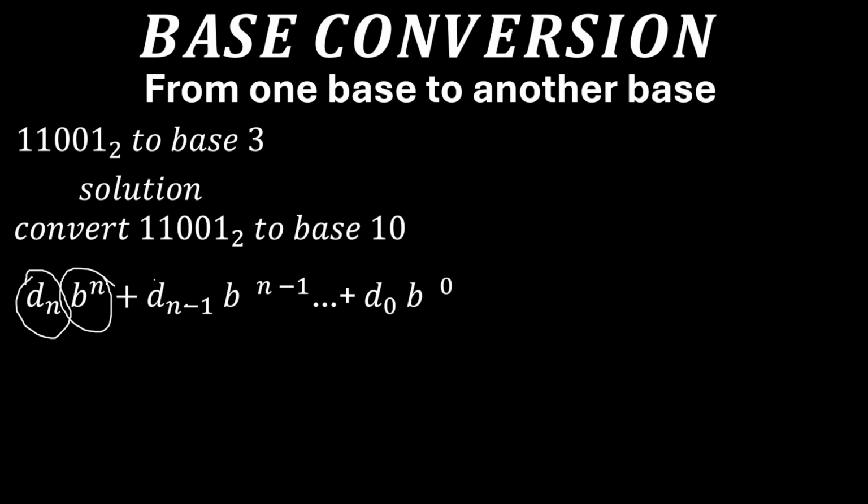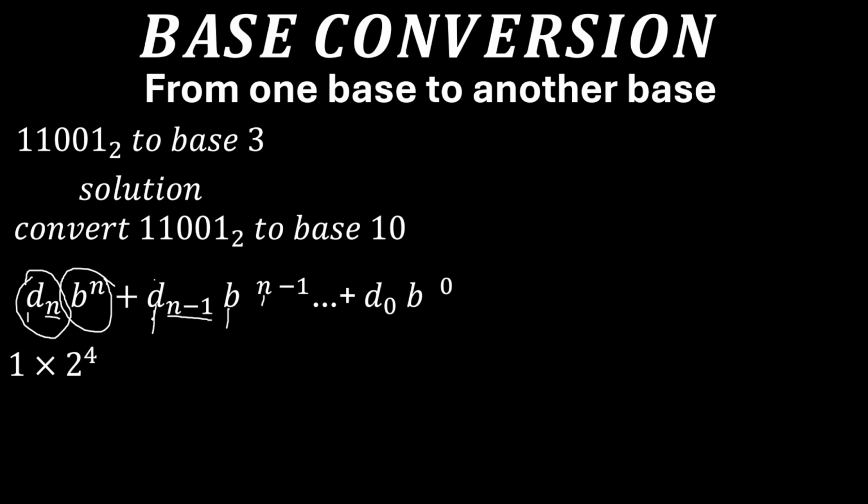So what does this mean? This is the digit, this is the base, and n is the position. Since n minus 1 and n are not equal, it means that d in this place and d in this place may not be the same digit. That is the implication of that. Let us now do that.